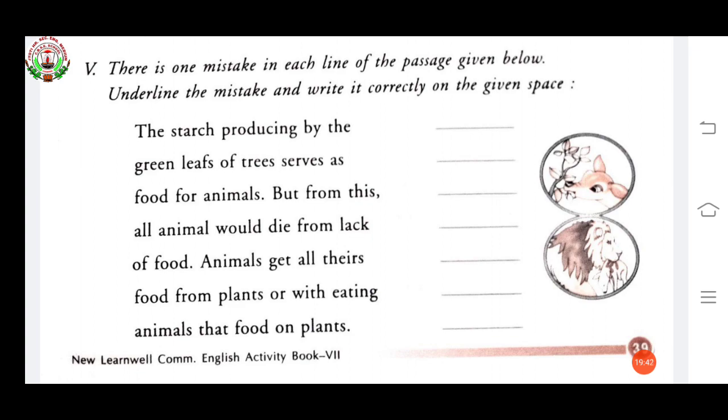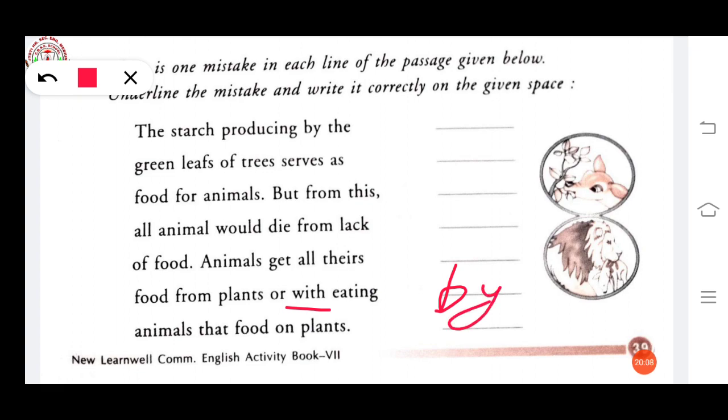Okay. Now, animals would die from lack of food. Animals get all theirs. Here, "theirs" is given. In the place of theirs, there will come their. T-H-E-I-R. Their food from plants or with eating. "With" is wrong. In the place of with you have to write by.